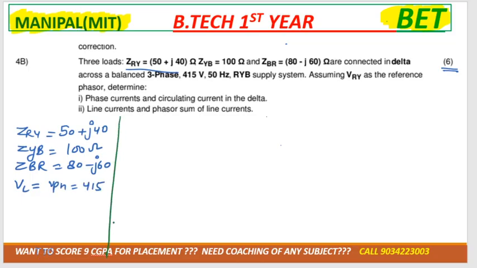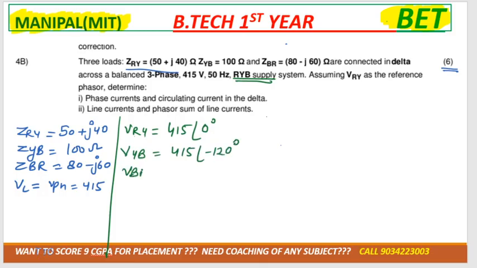But in the case of unbalanced, we have to consider the angle also. So first, the angle of VRY, as they have mentioned the RYB sequence, so it would be 415 angle 0. Then after RY comes B, so VYB is how much? 415 angle minus 120 degree. VBR is how much? 415 angle minus 240 degree.